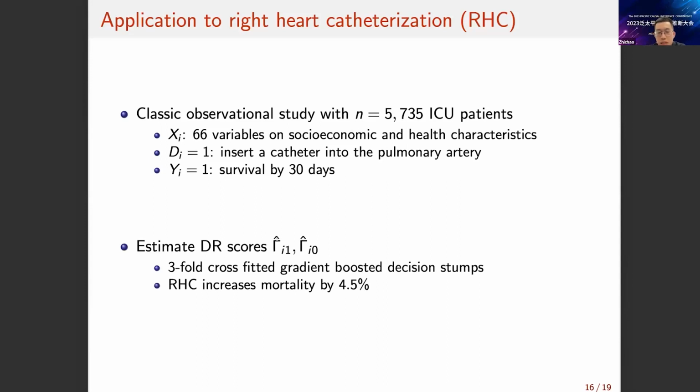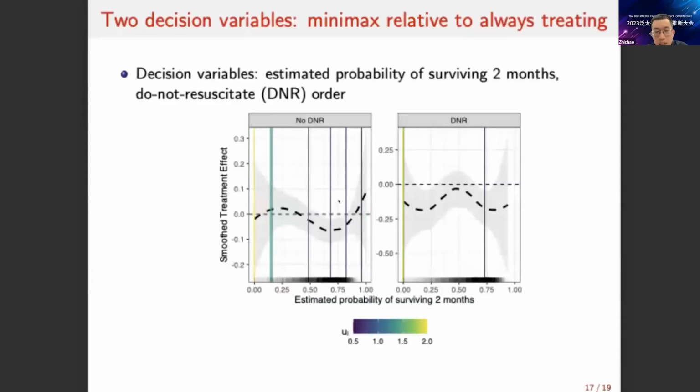We first estimate the robust scores, and from the scores we compute the average treatment effect, which is consistent with previous studies. And then we use the data to compute the optimal policy under different settings of the UL and UG. So we fix UG to be 1 and vary UL from 0.5 to 2.